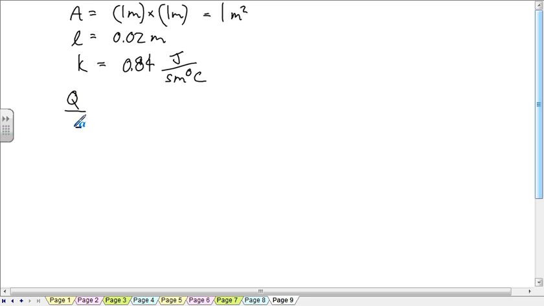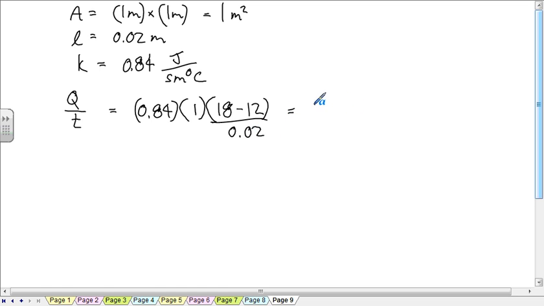And so the heat per unit time is equal to 0.84 times the area times the difference in temperature divided by 0.02.